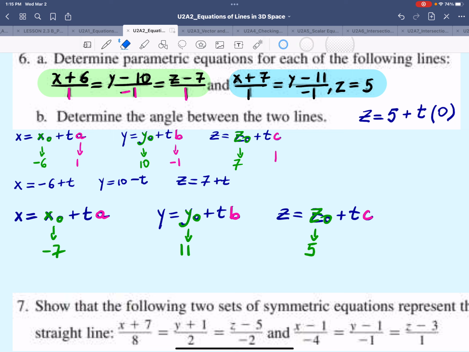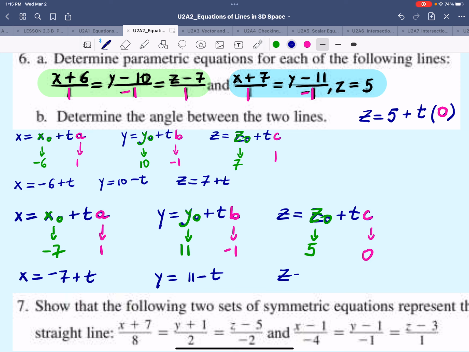And that's what we're going to write for z0, 5. So for the direction vector, then we're going to say that it will be given by the denominators, which are 1, -1, and then 0. So therefore, the parametric equations will be x equals -7 plus t, y equals 11 minus t, and last we're going to write z equals 5 plus 0t, so simply 5.